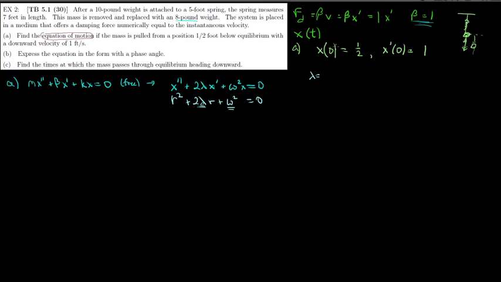So beta over 2m. And we know beta is 1, right? That's from the force being numerically equal to the instantaneous velocity. And what's m? Be careful. It's not 10 pounds. It's actually 8 pounds. But that's still not the mass.